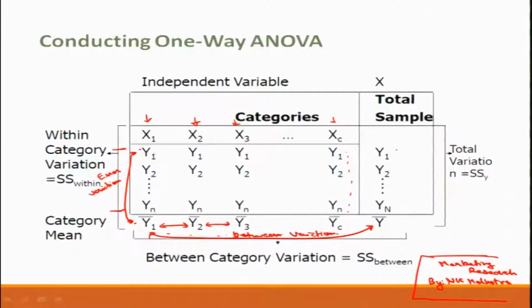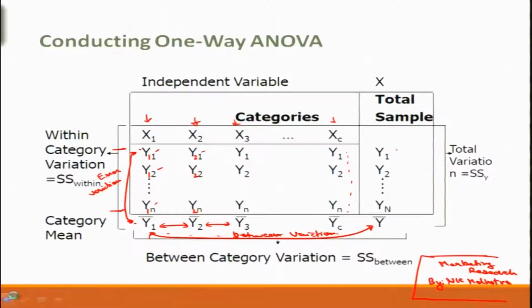For each element y1, y2, and so on up to yn, and so on for category 2, I can even put this as y11, y12, y1n, this can be y21, y22, y2n.